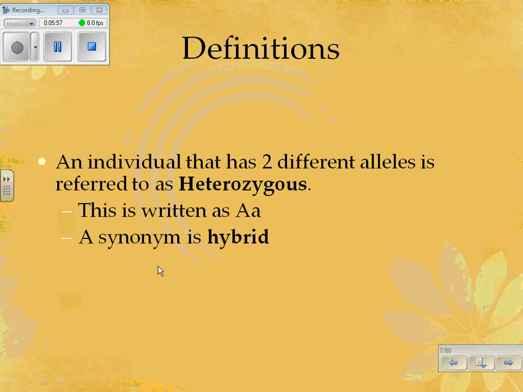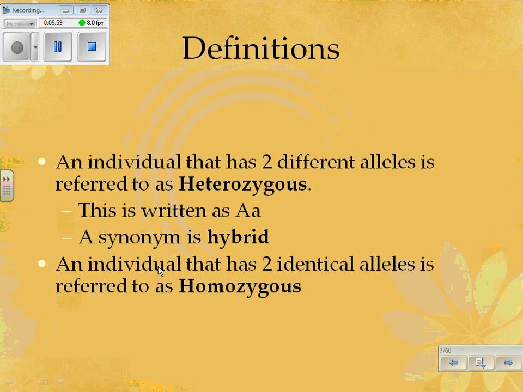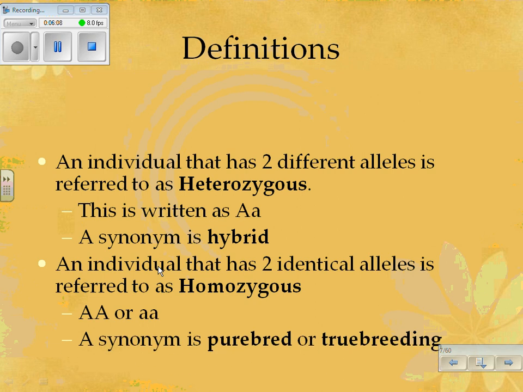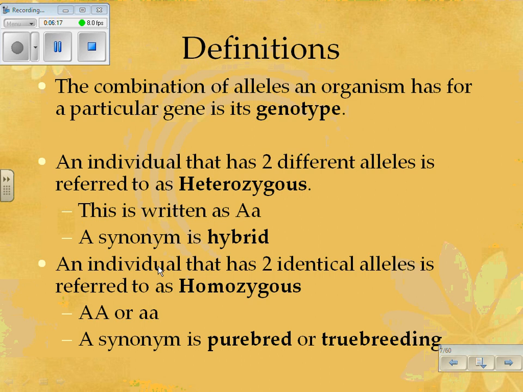A hybrid means different. Any of the scenarios that would give you a big A, big A or little a, little a individual would be considered homozygous, and a synonym for that would be purebred or true breeding. You might hear those terms come up when you're doing some Punnett squares. We also look at the combination of all the alleles an organism has, which is called the genotype.